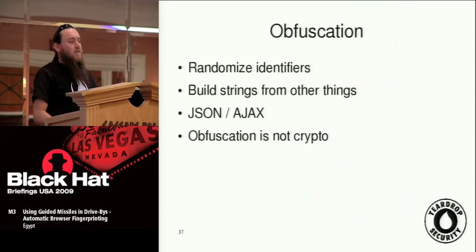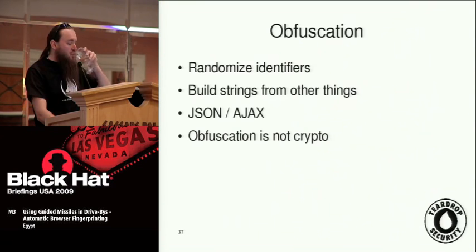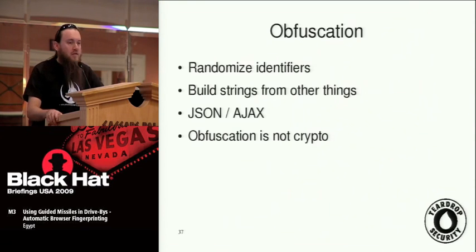One of the ways we do that is obfuscation. So most of this stuff was originally written by Scape, but I've added some things and made the strings a lot more stealthy. So we randomize all sorts of identifiers, and we turn strings into things that become strings.